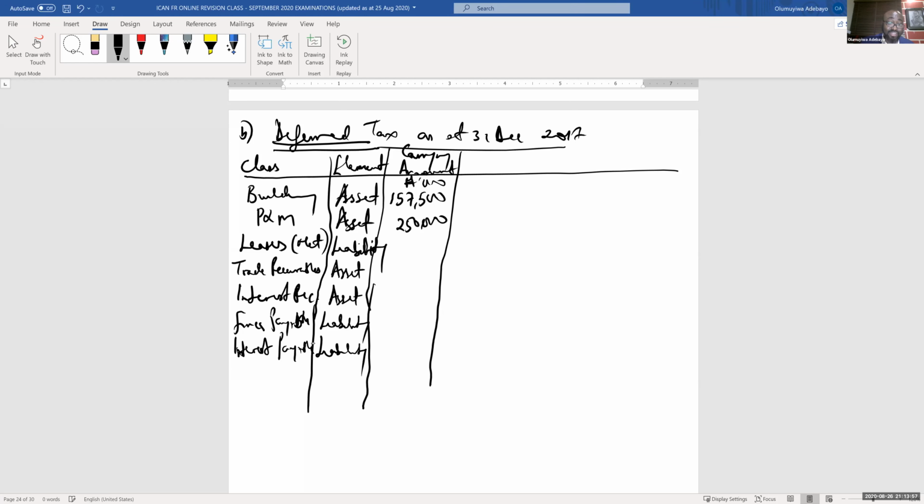Lease, when we net it, is 60. Trade receivable is 182,500. Interest receivable is 2,500. Fines payable is 25,000. Interest payable is 8,250. Now let us compare with the tax base.